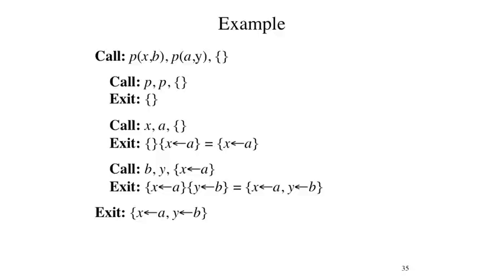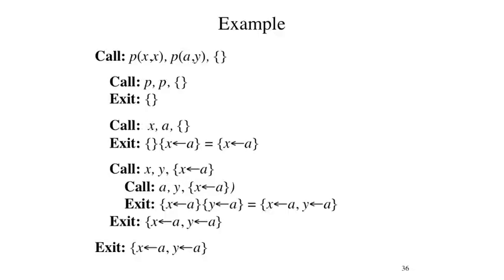And finally, we compare b to y. In this case, we compose the current variable assignment, x gets a, with assignment of y to b, which produces the joint assignment, x gets a, y gets b. At this point, having reached the ends of both expressions, we're done.